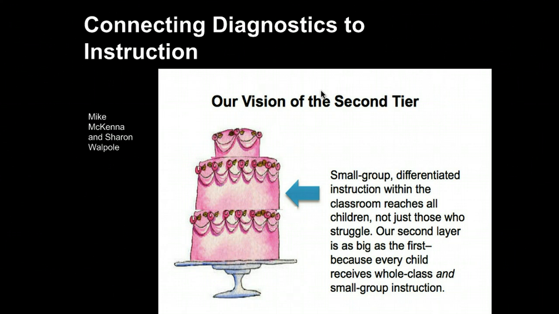So this is where I steal my ideas from, Mike McKenna and Sharon Walpole, and I spelled her last name wrong. Oh no, I didn't. But instead of doing different sizes for tier 1 and tier 2, everybody's in tier 1 and tier 2. That you do differentiated small group instruction. And I've seen this done multiple different ways.